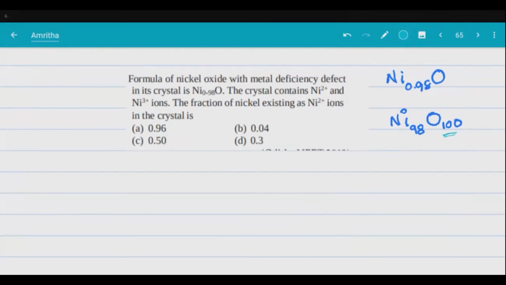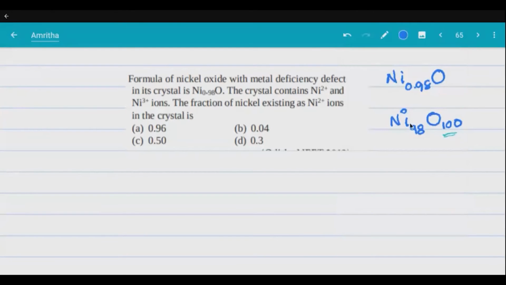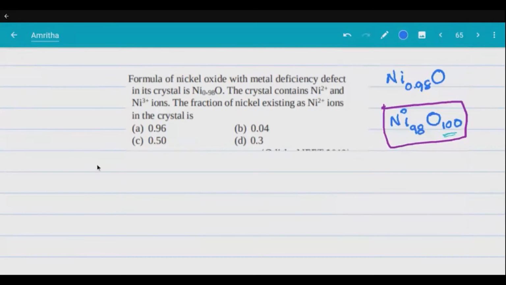Okay, right. So now look at this. Ni can be in two different states, Ni plus 2 and Ni plus 3. So there are 98 nickel atoms. Let us say x atoms out of 98 are in the plus 2 state.